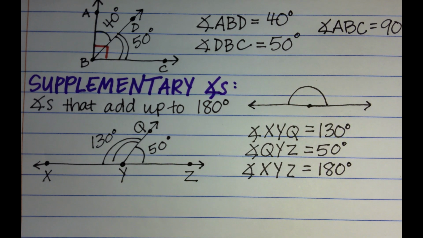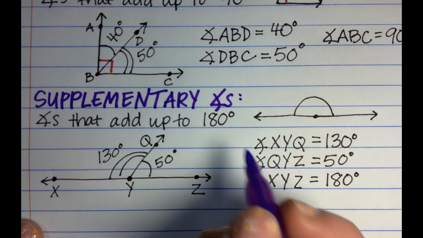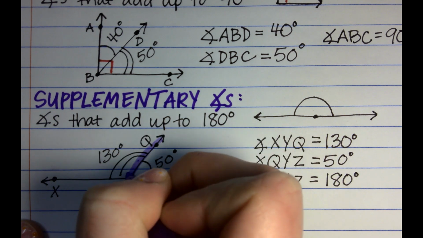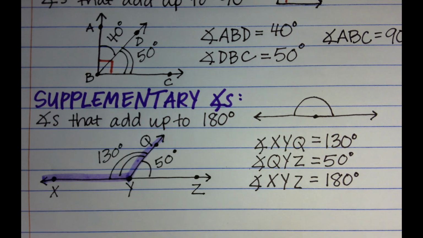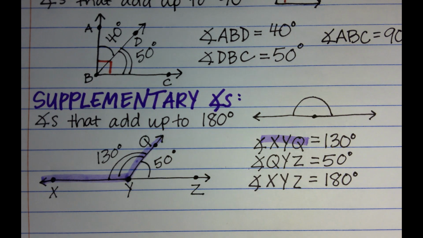Just now. So if you're a color coordinator kind of person, we can do a little bit of this. Sometimes this helps. Okay, so X, Y, Q, that's my 130 degrees.